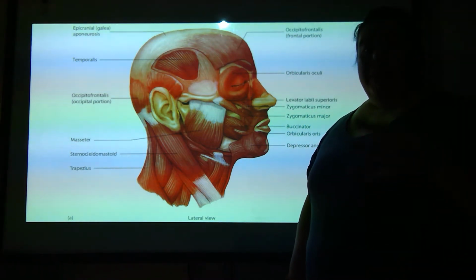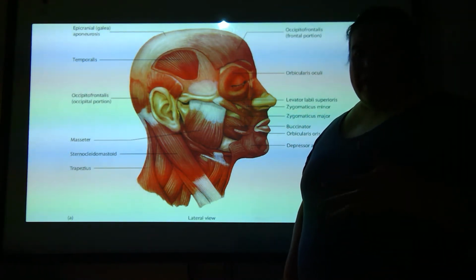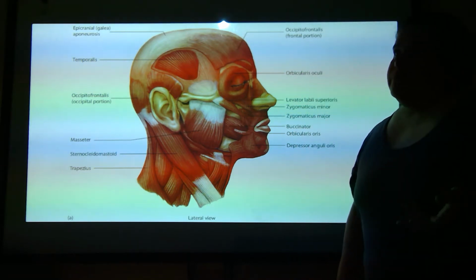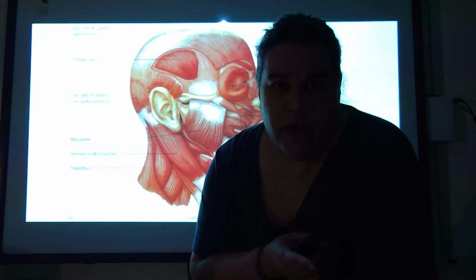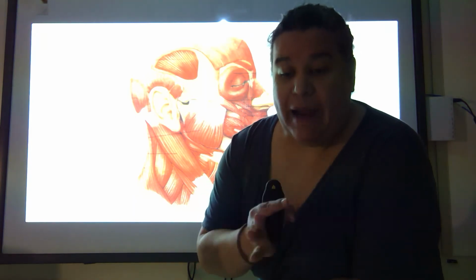I want you to learn the muscles and where they are. I'm going to tell you what they do for the benefit of learning that information, but I'm not expecting you to know that for the practical. So don't flip out about that. For the practical, I want you to be able to see a picture. If I point to something, tell me what it is.